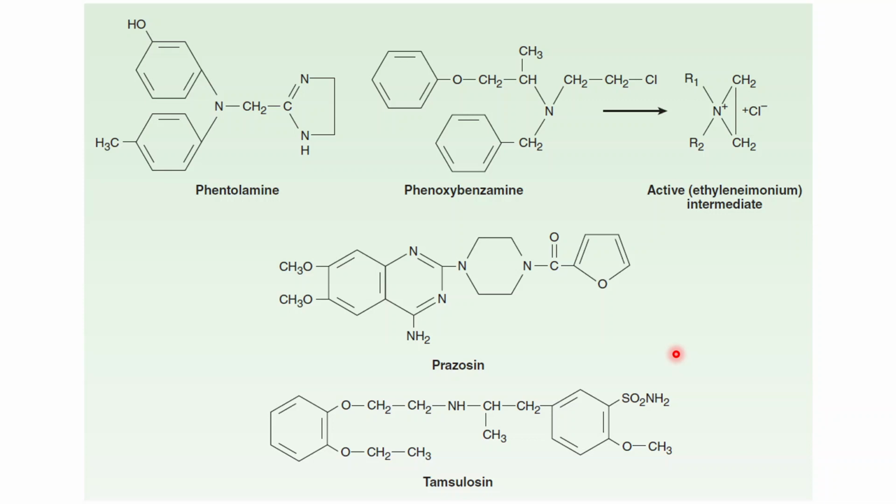Therefore, compared with other antagonists, tamsulosin has less effect on standing blood pressure in patients. Nevertheless, caution is appropriate in using any alpha antagonist in patients with diminished sympathetic nervous system function.